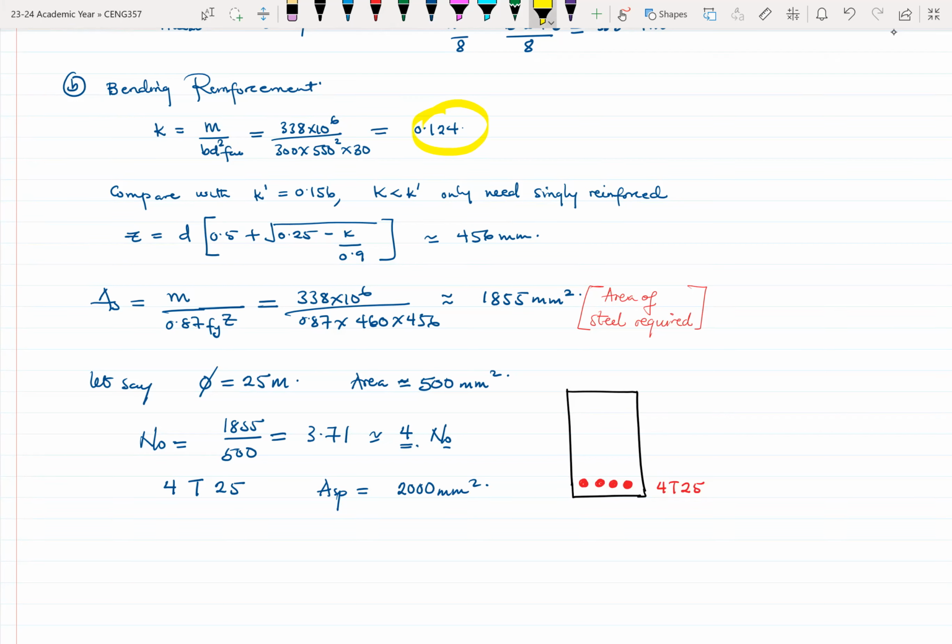If after calculating K, K is more than 0.156, it means that you need compression reinforcement. So the computations will slightly vary from what you've done so far, right? With this example, per the value of K, we only need tension reinforcements. Okay.